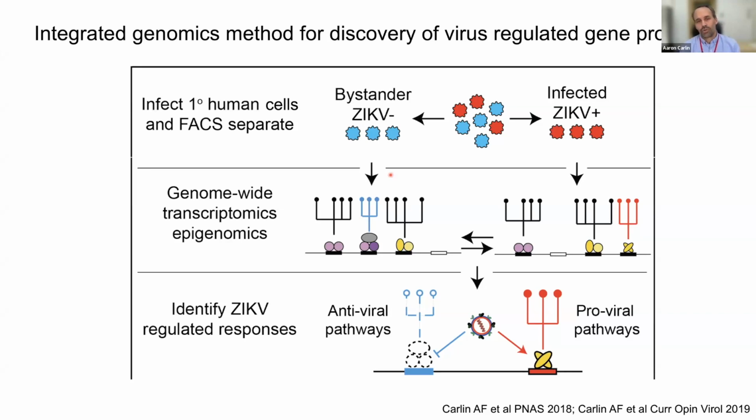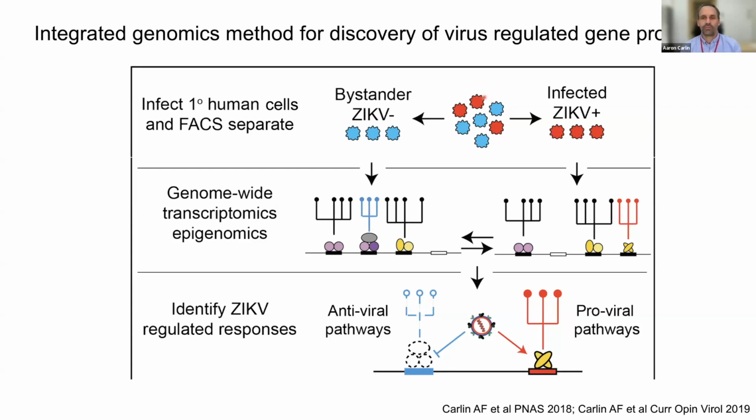But in these primary models, a vast number of these cells are uninfected. So if you look at the response in this population, you have a mixed response. You have things that are occurring in uninfected cells and things that are occurring in infected cells. And this obscures your ability to really understand how the virus is controlling the cell.